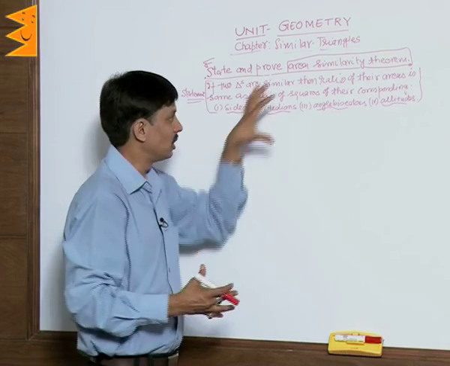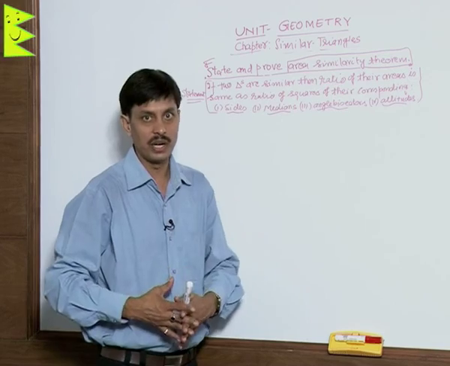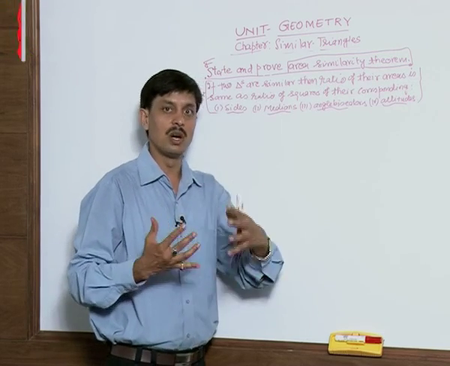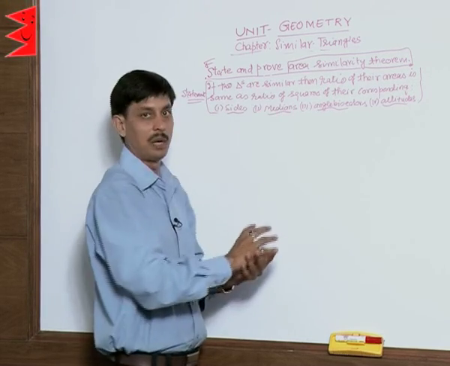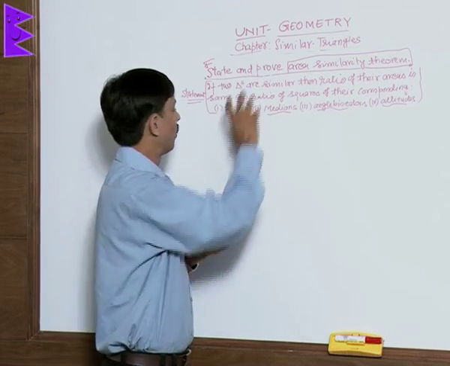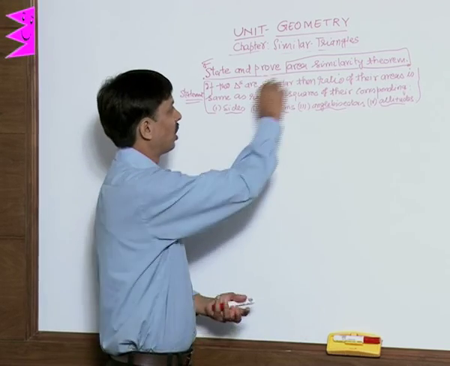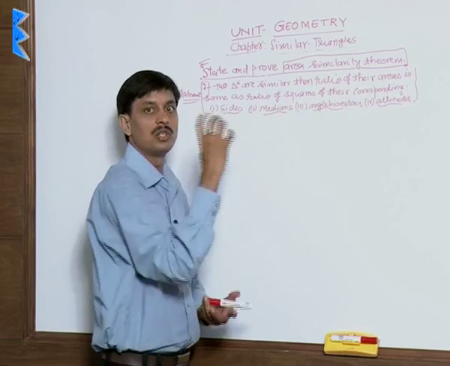This is the statement. Remembering the statement is very important for two reasons: if you are not aware of the statement, you are not able to crack the question, and even if you manage somehow, you will not get the marks for the statement portion.